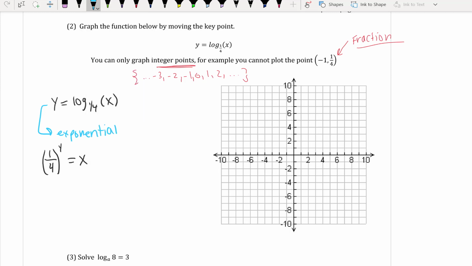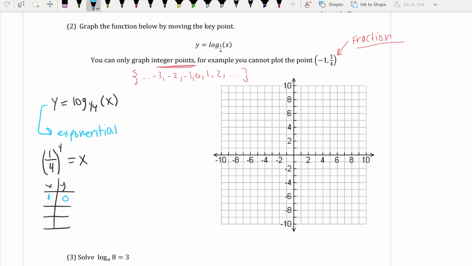So if that's the case, then I can make some points for my x and y values. It's going to be a little bit weird at first because I'm going to be plugging in my y values first. So if I plug in a 0 for my y, 1/4 to the 0 power is equal to 1. So I get 1.